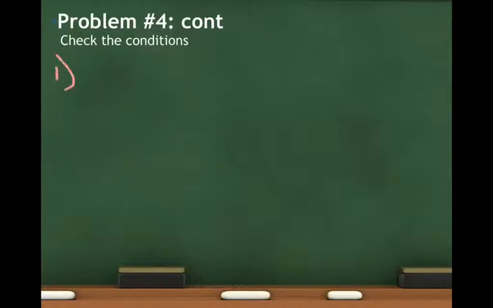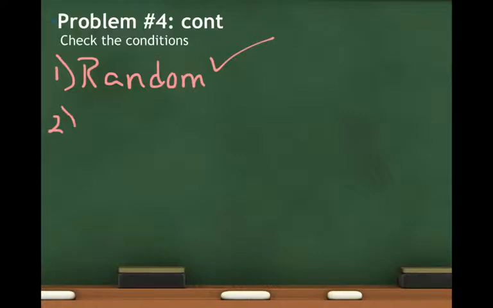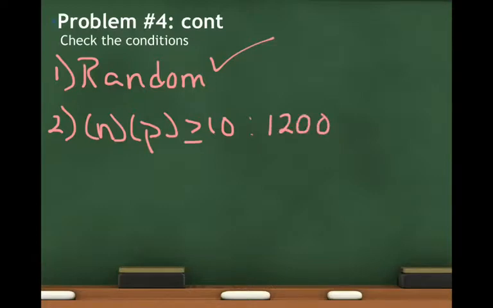Next are your conditions. Again, did she take a random sample? Yes. The second condition, here's our sample size times the population proportion. Is that greater than or equal to 10? 1,200 times 0.30.